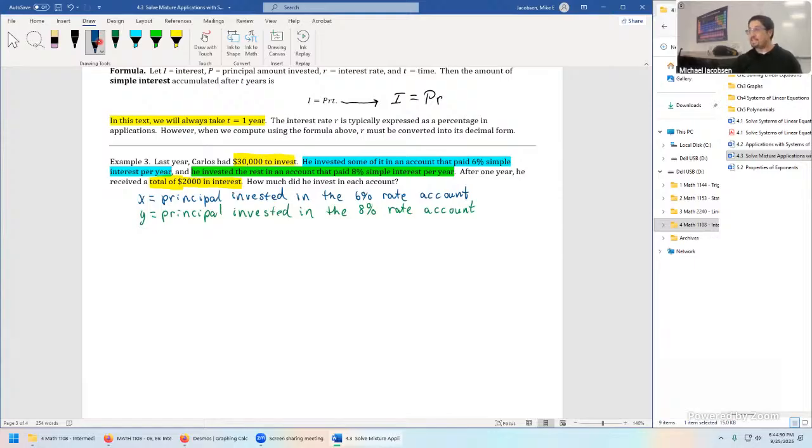So here's how we can break this down into two equations, just like before. This is the total investment, or total invested. I think total invested flows a little bit better. The total invested was the $30,000. And this is just going to simply be the amount placed in account X at 6% plus the amount placed in account Y, the 8% rate.